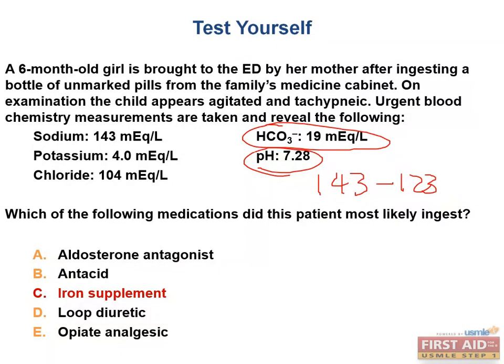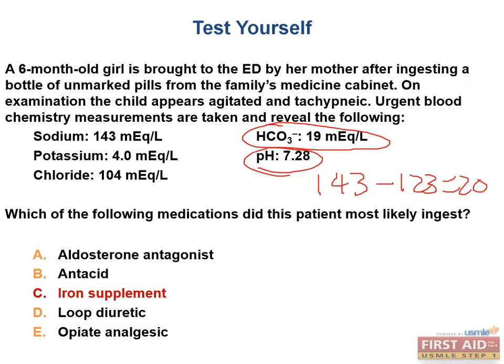And this gives us an anion gap of 20. And therefore we know that this patient has an elevated anion gap metabolic acidosis. And the only one of the answer choices that can cause this is overdosing on iron supplements.